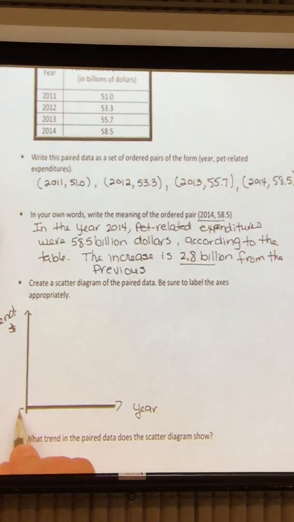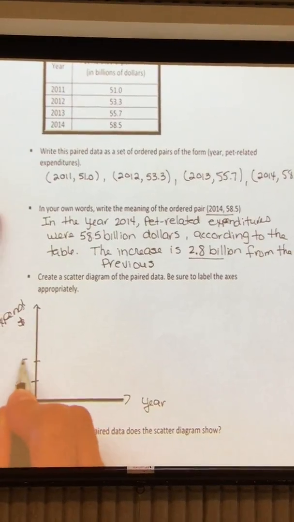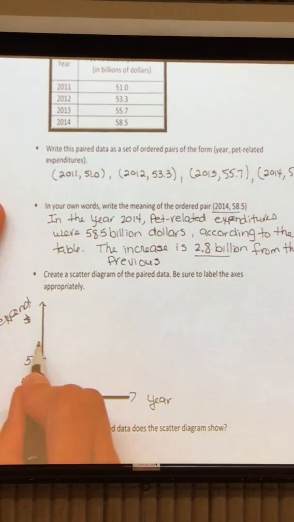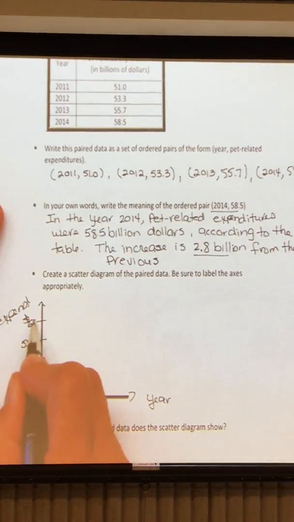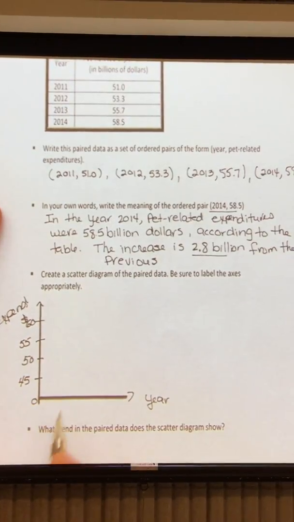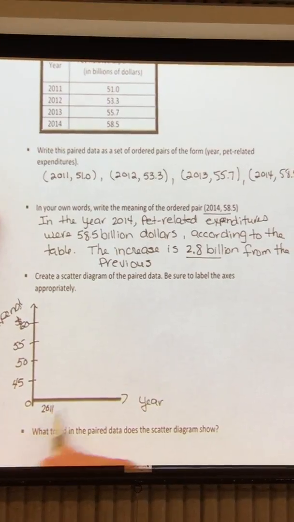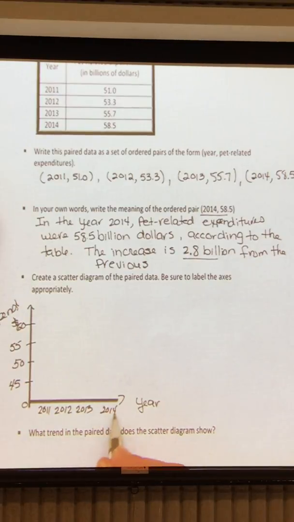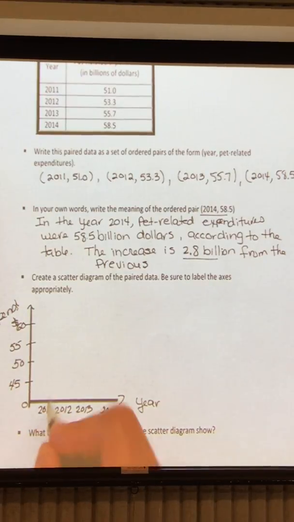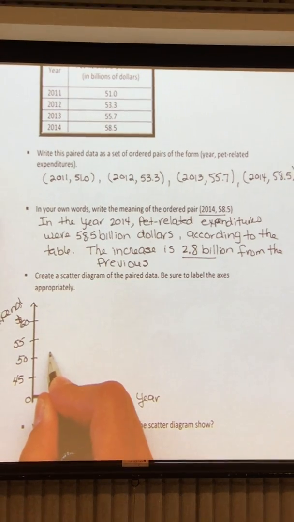So here we go from 0, do increments of 5, beginning with 45, 55, and 60, and then the year begins with 2011, 2012, 2013, and 2014. So for the year 2011, we have about 51.